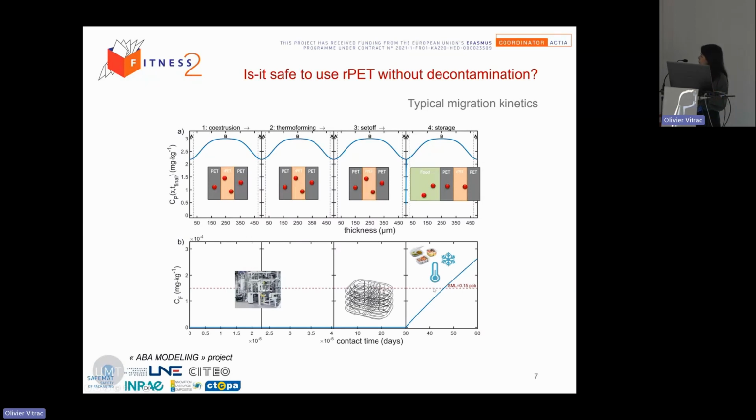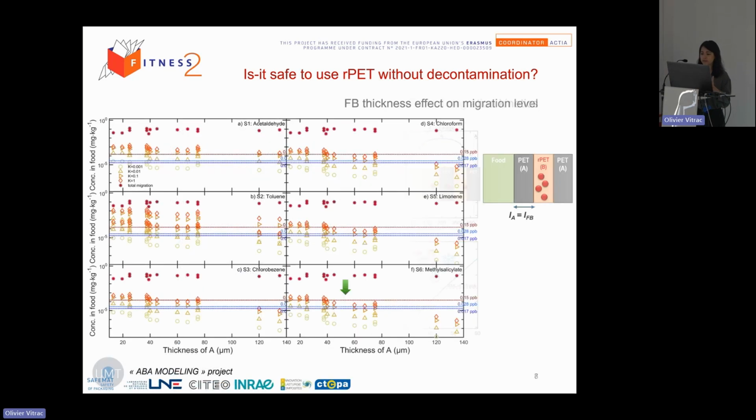For this application, the migration level after some days, 10 days I think, exceeds the SML, the specific migration limit, set at 0.15 ppb, micrograms of substance per kilogram of food. This limit is set for CMR substances. For sure, the migration level in food depends on different factors.